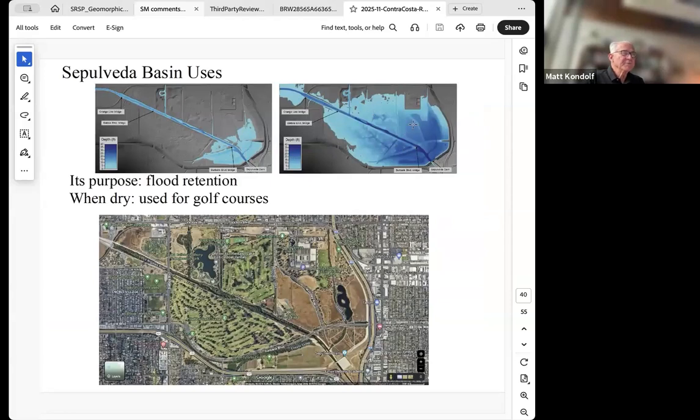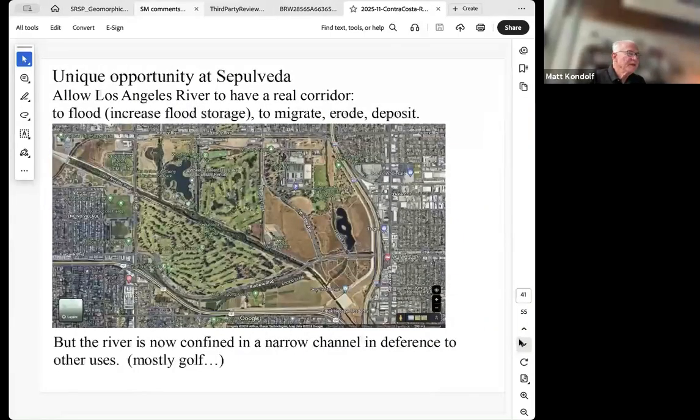It backs the water up and then gradually releases the flow through the dam. So there's really a unique opportunity here at Sepulveda. This is one place where you could let the Los Angeles River have a real corridor to flood and to migrate and erode and deposit.